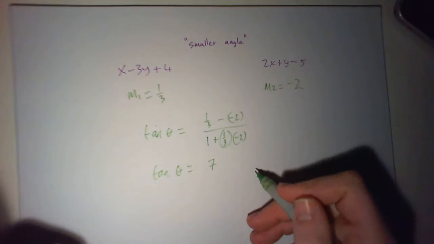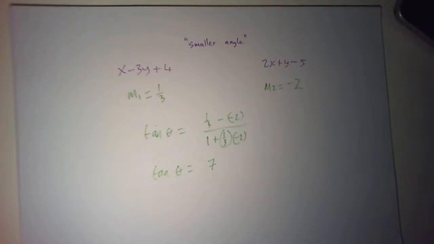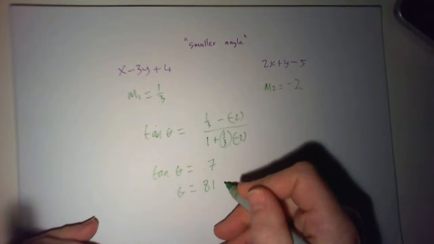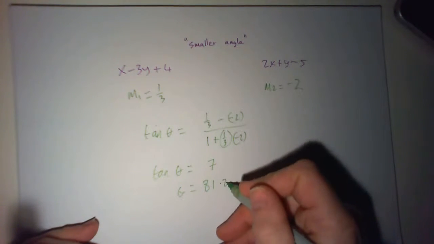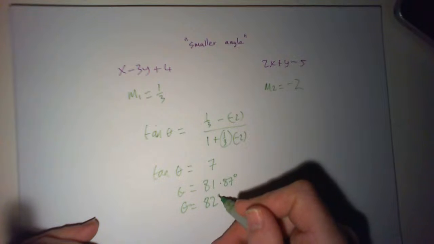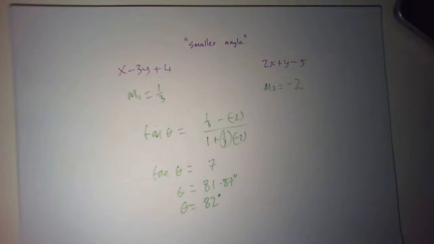So the tan inverse of 7 on my calculator is 81.87 degrees, which is 82 degrees, which is acute, it's the smaller angle. Okay, happy days on that one. That's another nice one done.